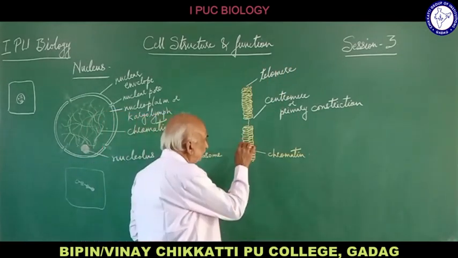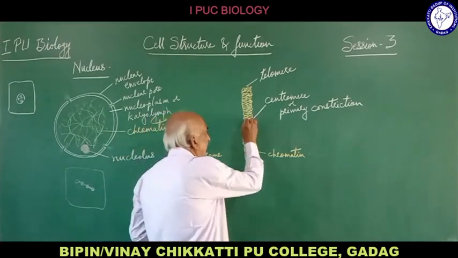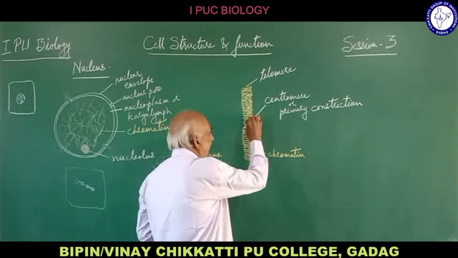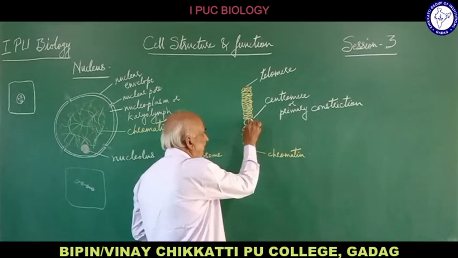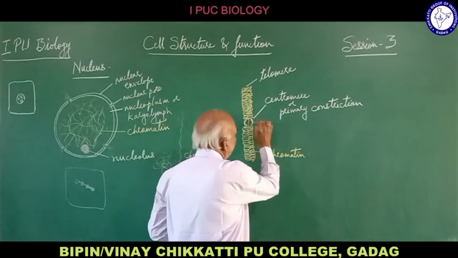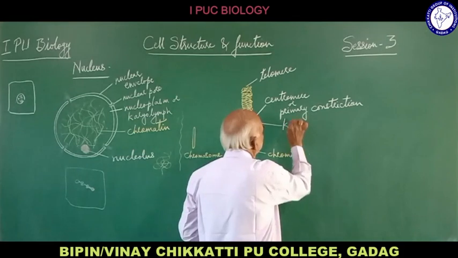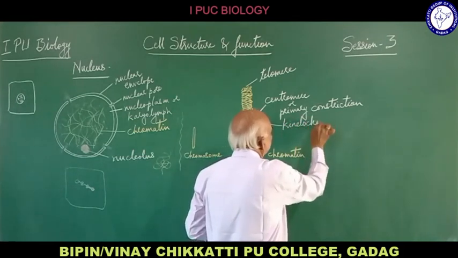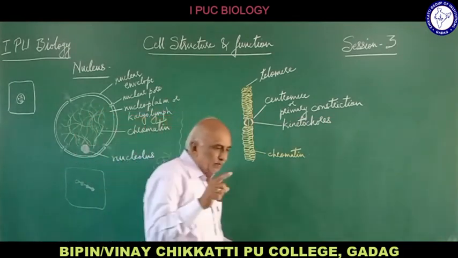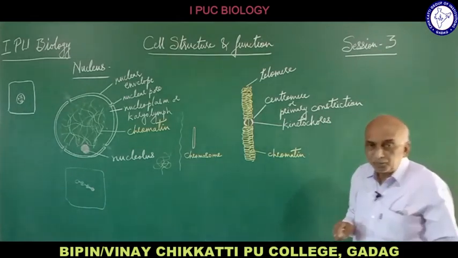And in this centromere, there is a pair of cap-like structures. So you find two cap-like structures present in the centromere region. These cap-like structures are called kinetochores. The kinetochores, which are in pair, are somewhat C-shaped or half-moon shaped.